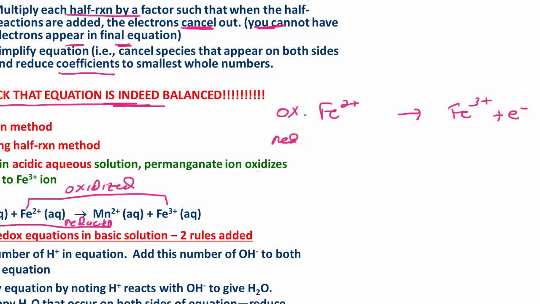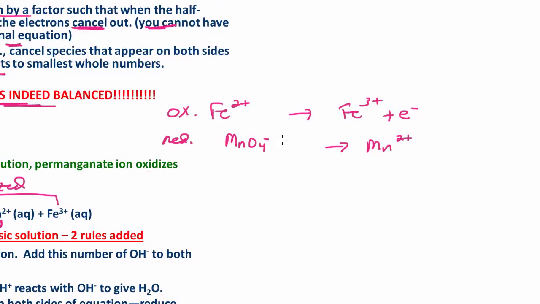Now let's do our reduction reaction. We have permanganate, and that goes to manganese +2. All right, so manganese is balanced. The only problem is we have oxygen on this side and no oxygen on this side. So on this side, we have 4 oxygens here. I'm going to put 4 waters here. And I have to now balance hydrogen.